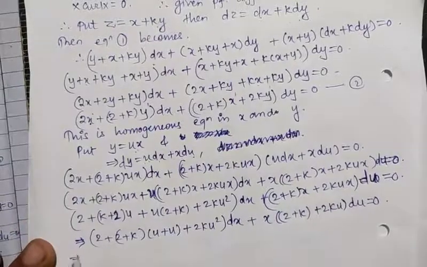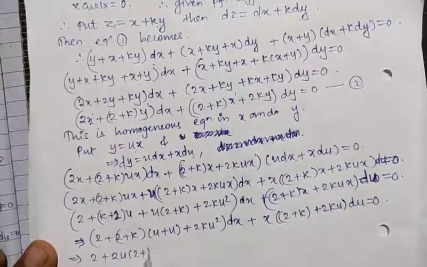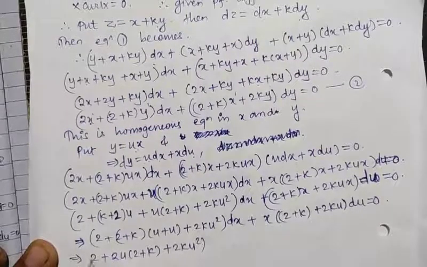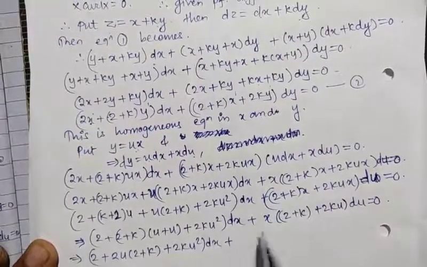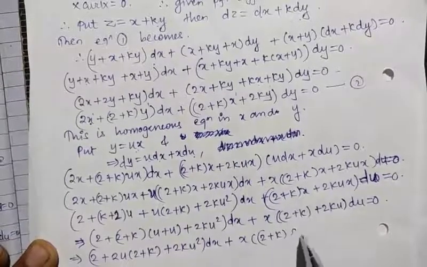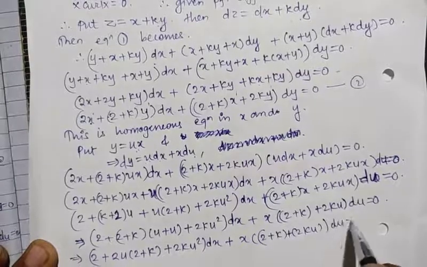So which implies 2 plus twice u into (2 plus k) plus twice k u squared dx plus x into (2 plus k) plus twice k u du equal to 0.